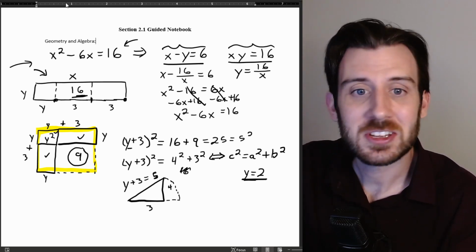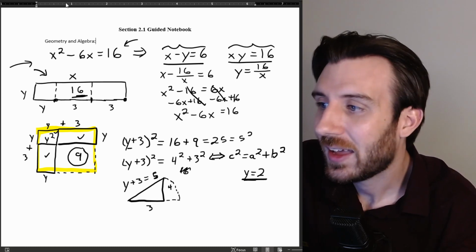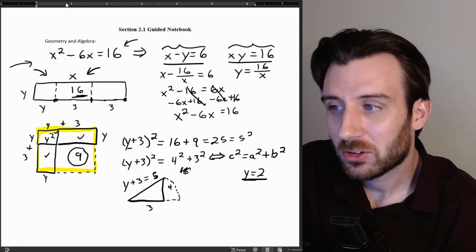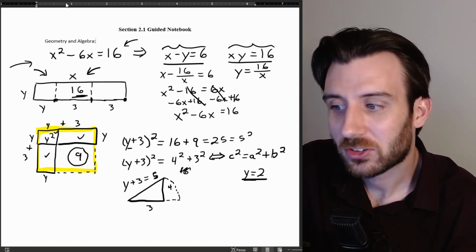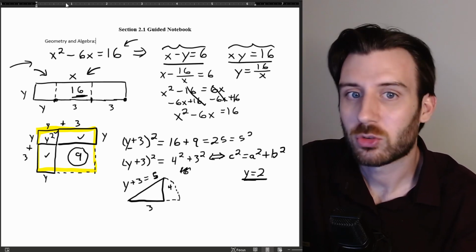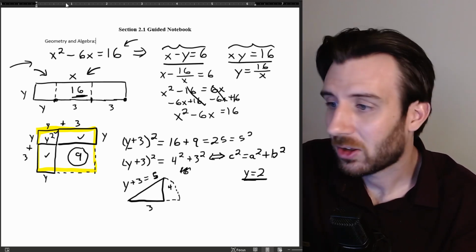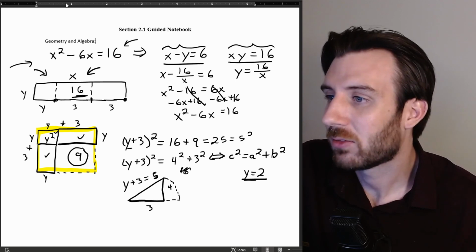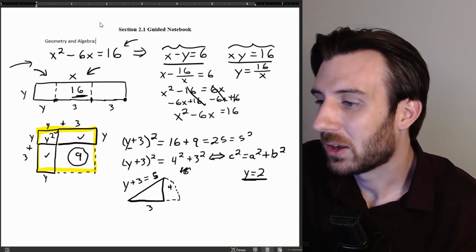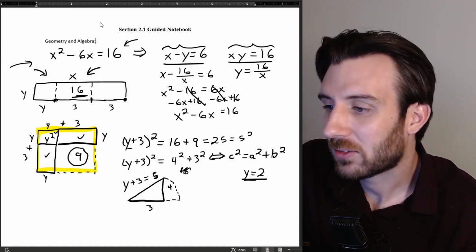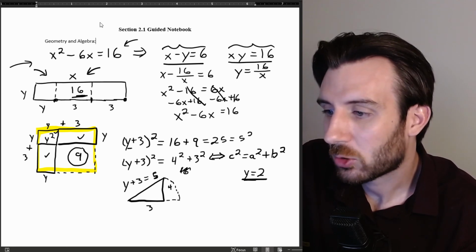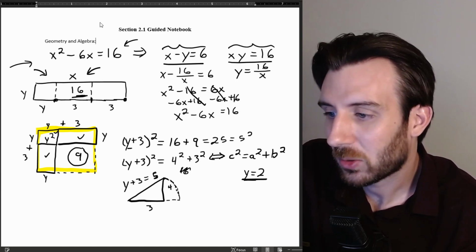And I could just as easily figure out how big x is, because I know the difference between them is going to be 6. So here's what I'm going to do. I'm going to try to draw out exactly what it is that I need to have for my space here. I've got y plus 3, which is 5, and I'm going to draw that down here in my circle, what I was trying to do before.